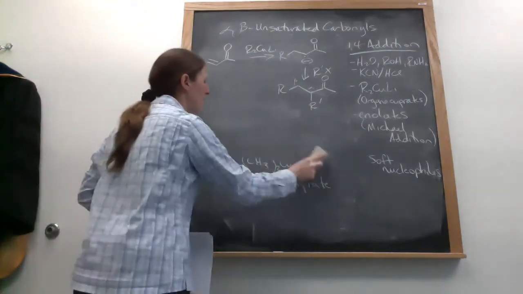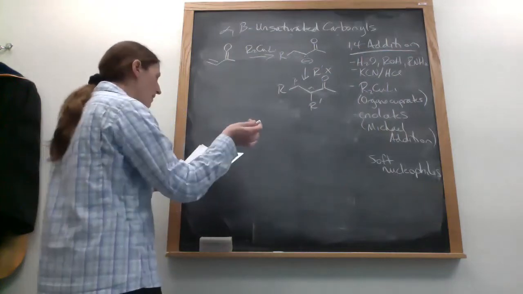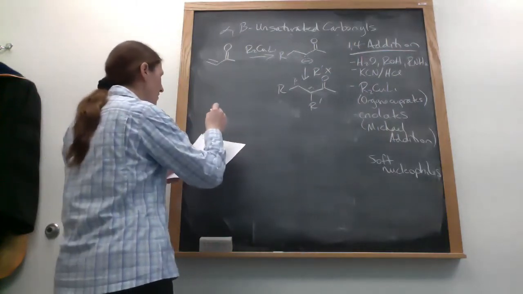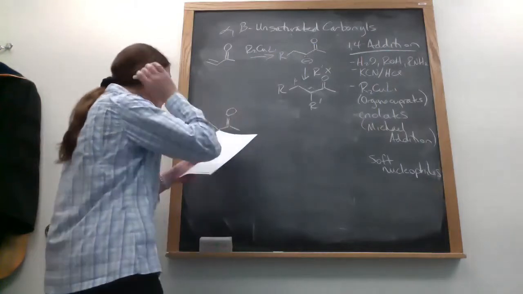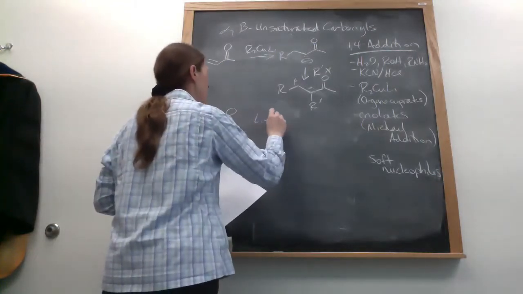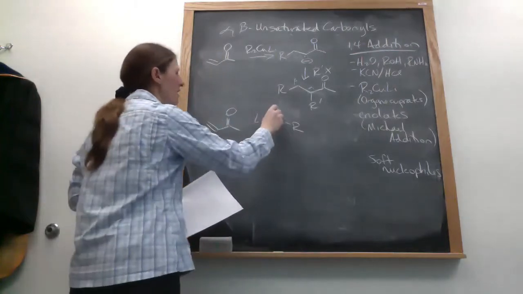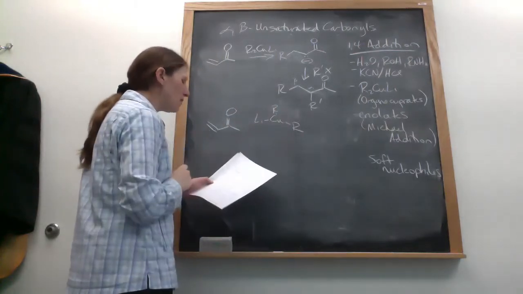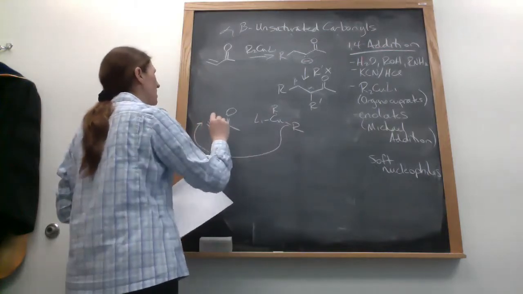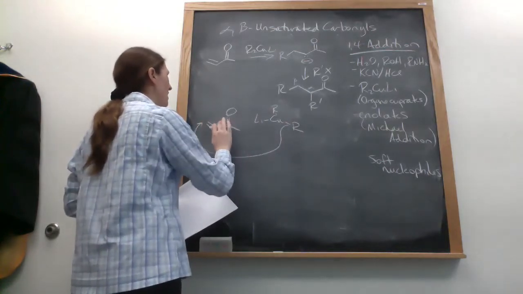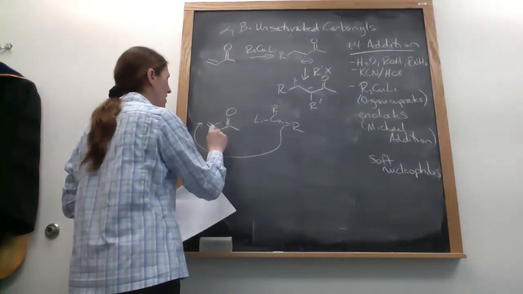If we want to look at a specific example, or actually let's do a mechanism first. Using a generic R group, here's my lithium, copper. One of the copper alkyl group bonds is acting as a nucleophile here. That's going to generate an enolate.